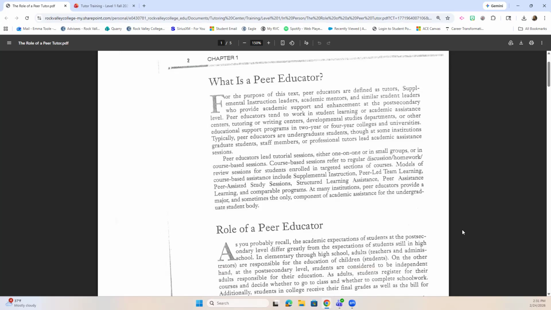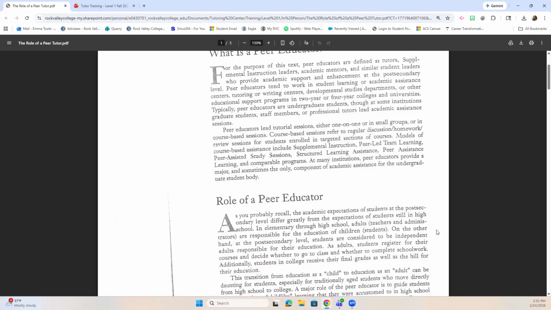Typically, peer educators are undergraduate students, though at some institutions, graduate students, staff members, or professional tutors lead academic assistance sessions. Peer educators lead tutorial sessions, either one-on-one or in small groups, or in course-based sessions. Course-based sessions refer to regular discussion, homework, or review sessions for students enrolled in targeted sections of courses.